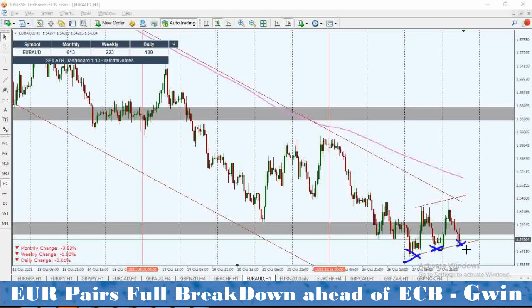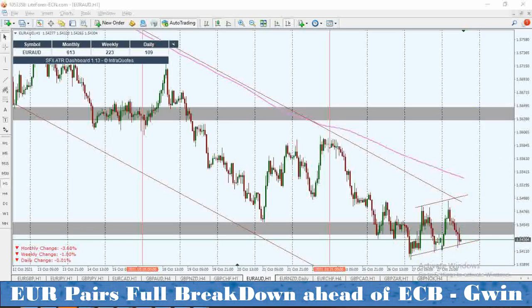We're seeing price currently still trading inside of that range. So if the ECB wakes the euro, we might see price make a rush to the upside back into the structure.